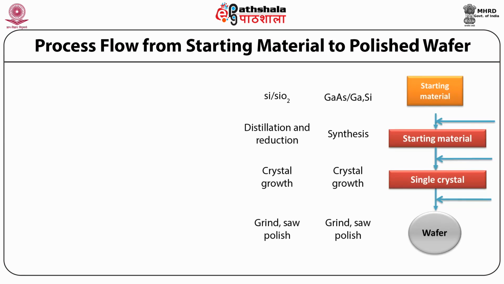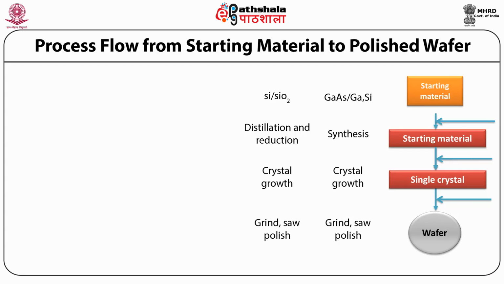Next, the deposition of metal contacts, that is metallization. Lastly, we have the lithography and then etching. The process flow from the starting material to a polished wafer is the first process in the fabrication of IC.